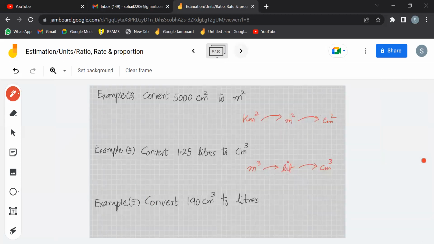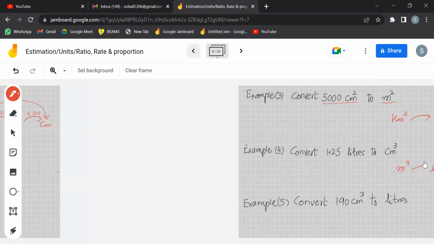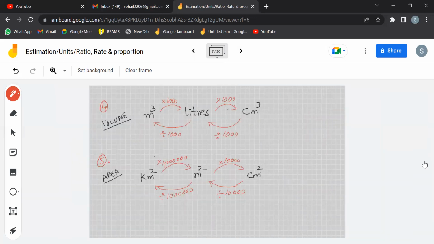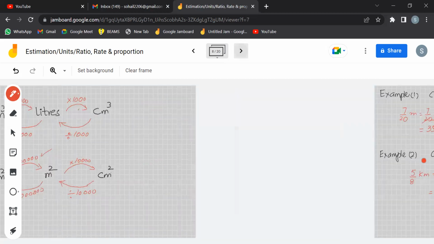Example number 3, from centimeter square to meter square. Recall that from kilometer square to meter square, this is for the area, you multiplied it by 1 million, and then 10,000 here.